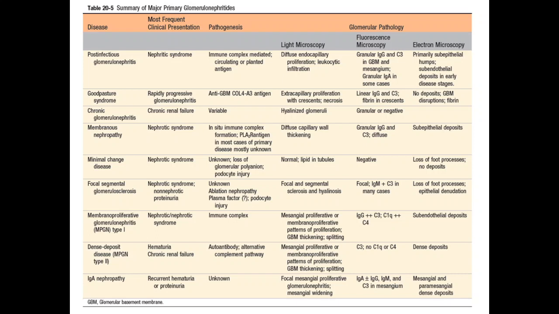Summary of primary glomerulonephritis, you can find here, guys. The diseases like post-infectious glomerulonephritis, Goodpasture syndrome, chronic glomerulonephritis, membranous nephropathy, minimal change disease, focal segmental glomerulosclerosis, membranoproliferative glomerulonephritis type 1, dense deposit disease, and immunoglobulin A nephropathy develop with nephritic or nephrotic syndrome, clinical presentations with hematuria or chronic renal failure, of course.